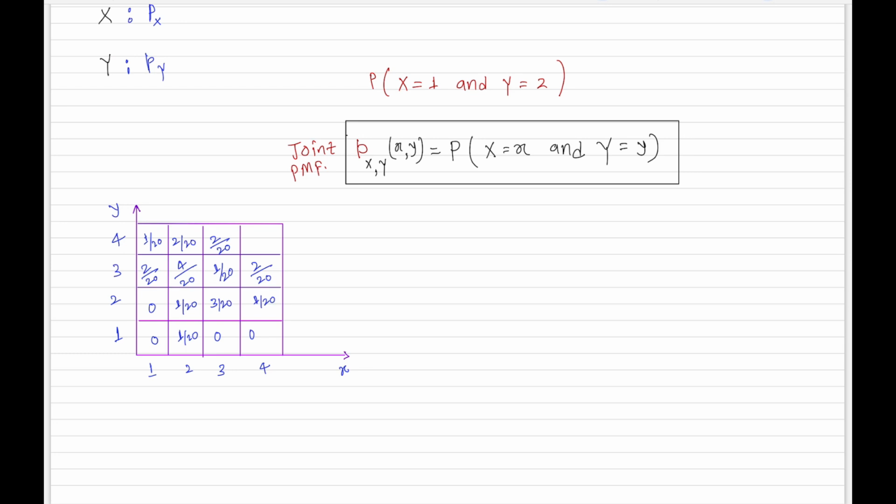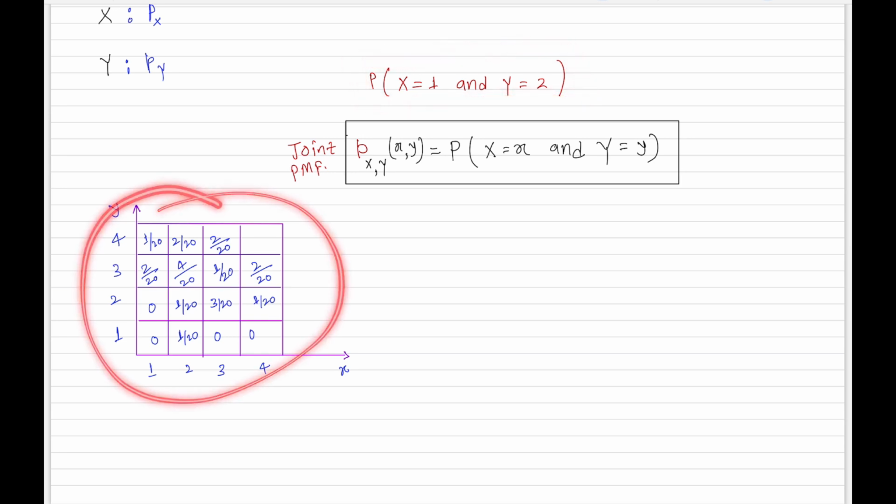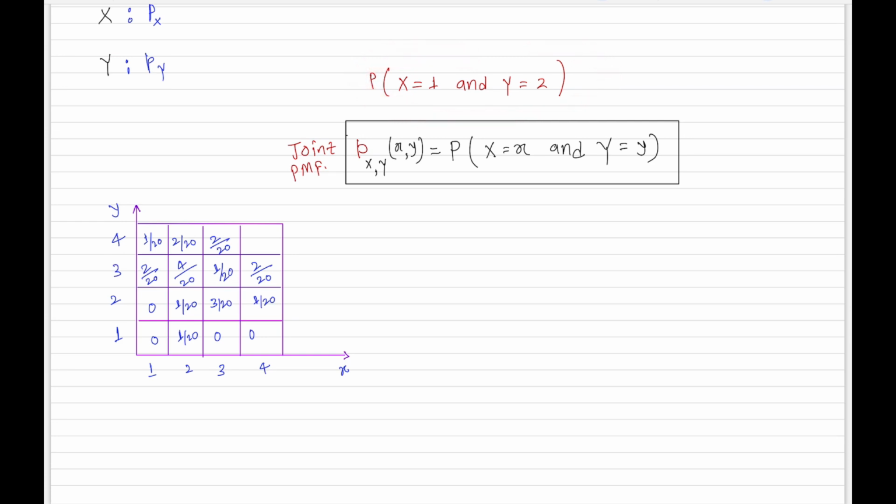This table gives you the information: when random variable X takes the value 4 and simultaneously random variable Y takes the value 2, what's the probability of that. We asked this question initially, and once we have this joint PMF, we can easily answer this kind of question, right? We asked what will be the probability of X, Y taking the value 1 comma 2 simultaneously.